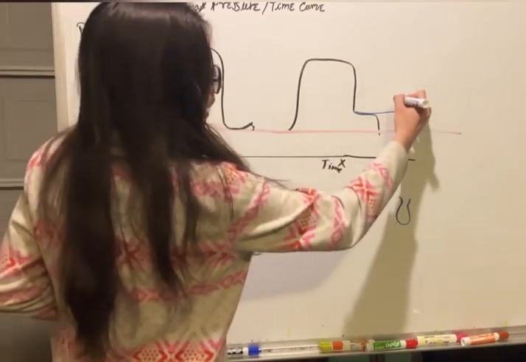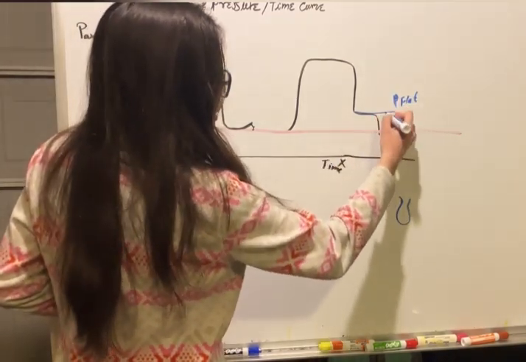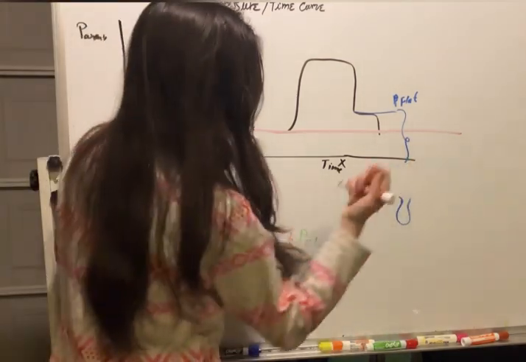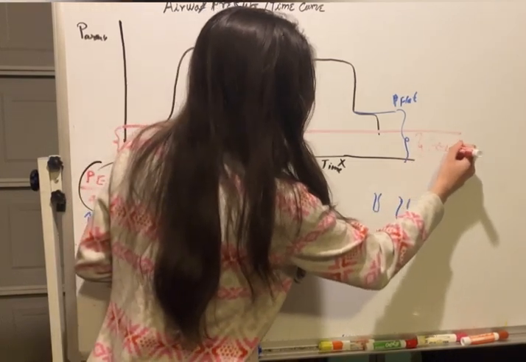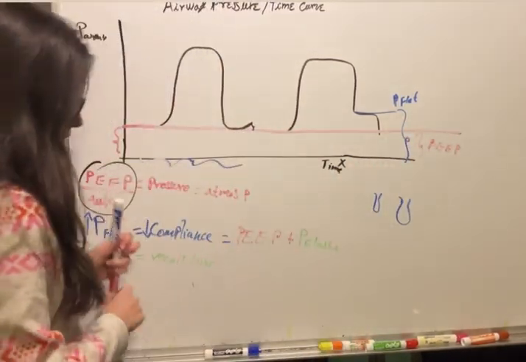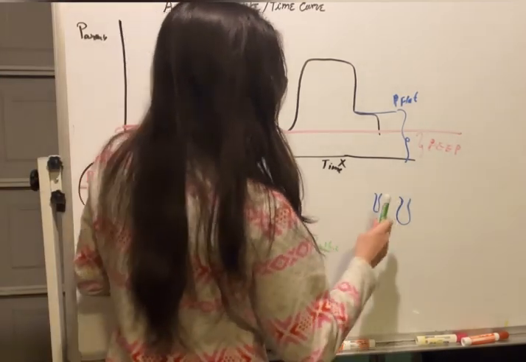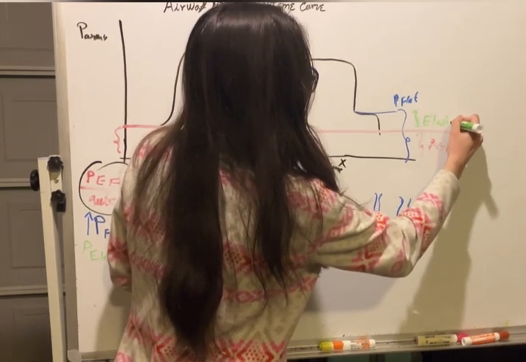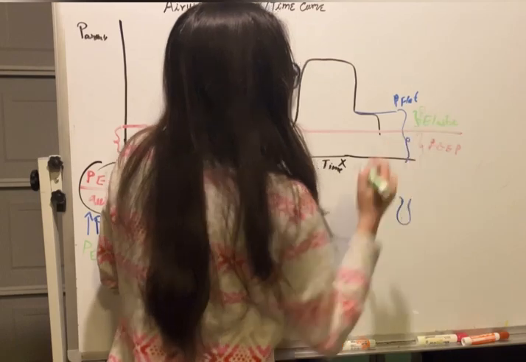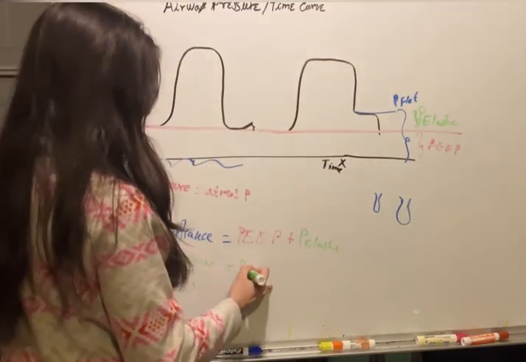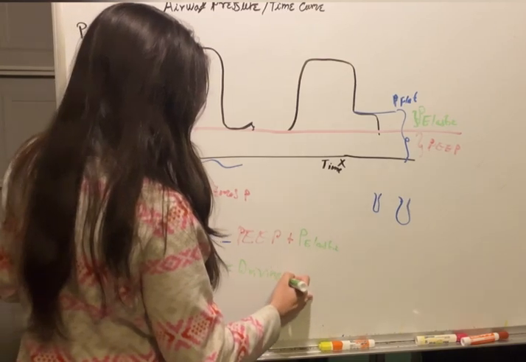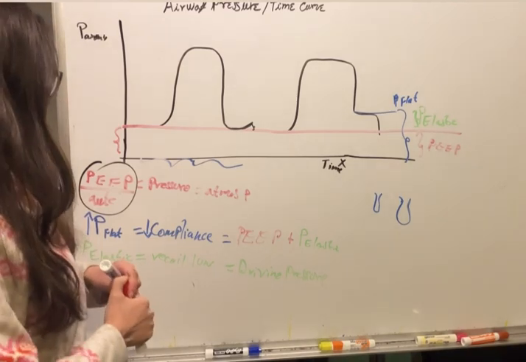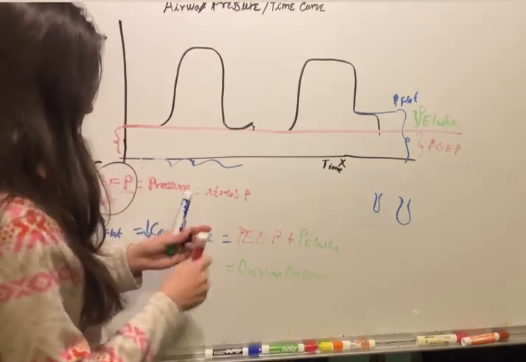So this is the plateau pressure, which is all this. It is this, the positive end-expiratory pressure, plus the elastic pressure, which is this. This is the elastic pressure. The elastic pressure is also called the driving pressure. And then we have the resistive pressure.